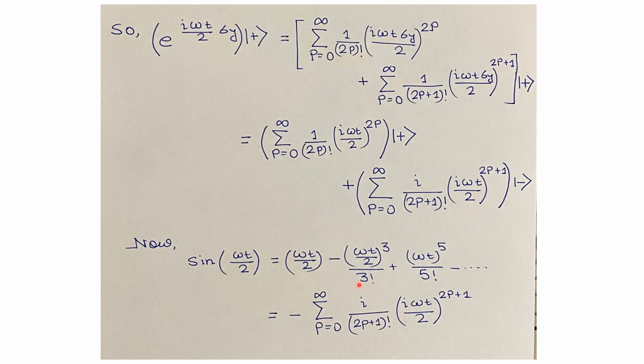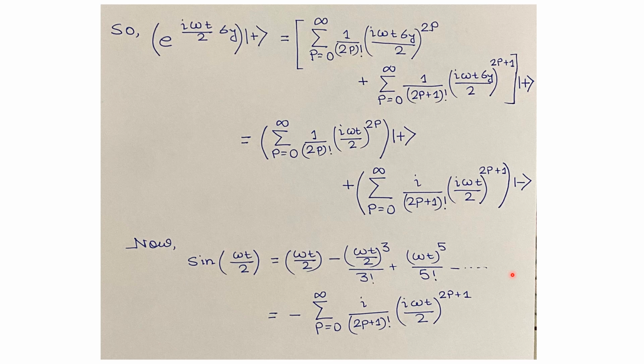Now, sin omega t by 2 can be written in series form, that is omega t by 2 minus (omega t by 2) to the power 3 by 3 factorial plus (omega t by 2) to the power 5 by 5 factorial minus and so on.